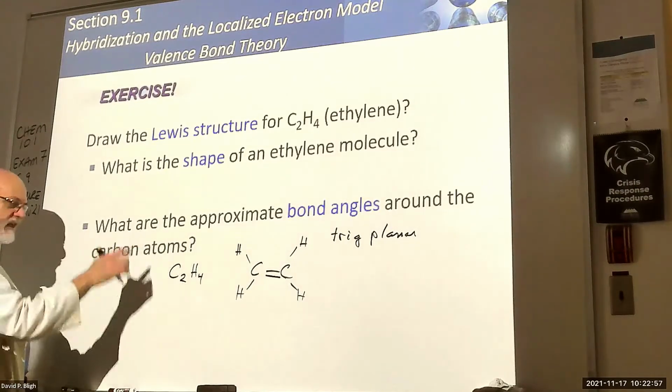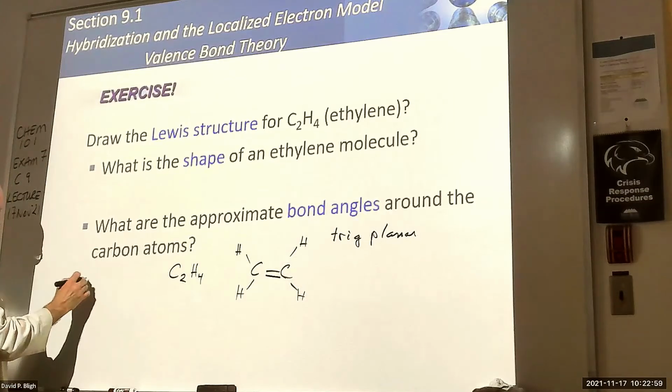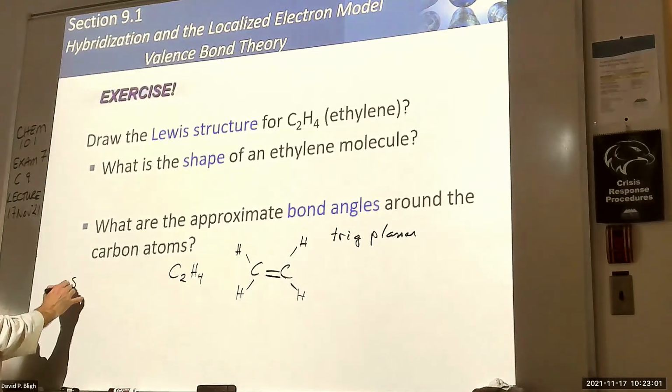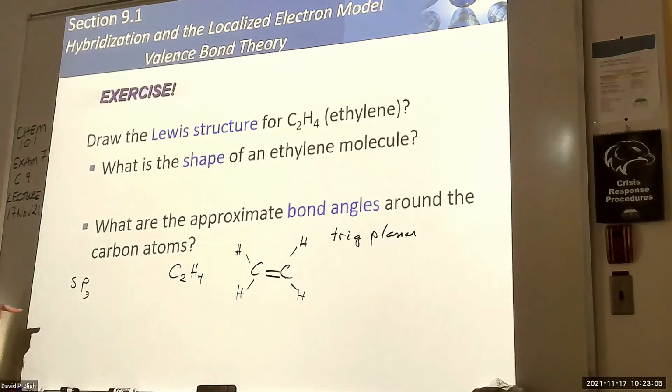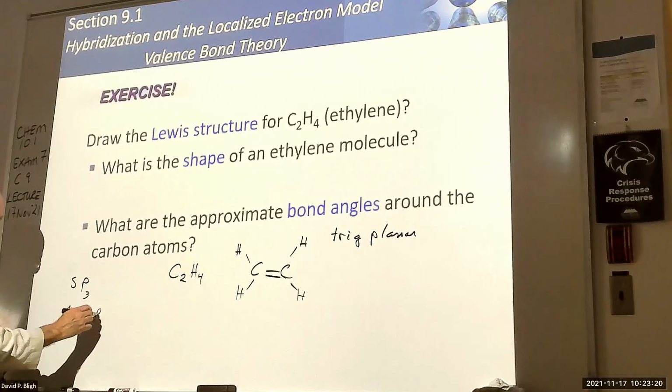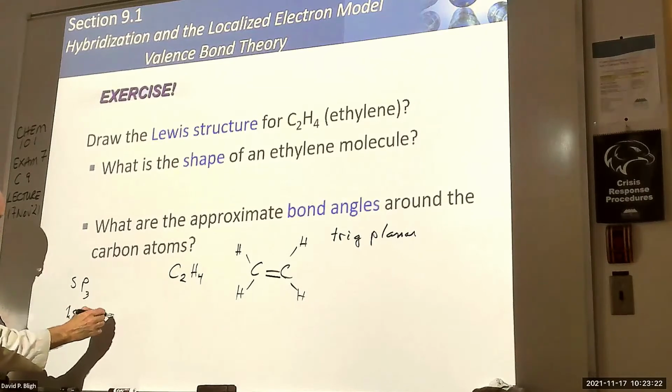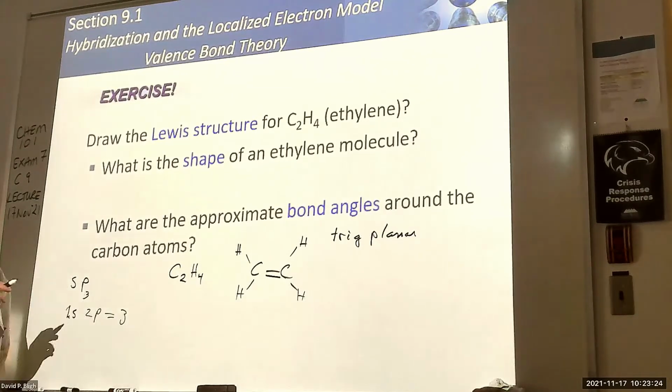All right, so if we only need 3 orbitals, and we're starting with 3 of these and 1 of those, then we really only need 1 S and 2 P's. Because if we have 1 of the S's and 2 of the P's, then we get 3 hybrid orbitals.